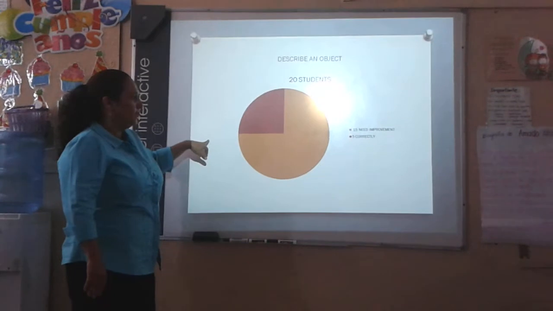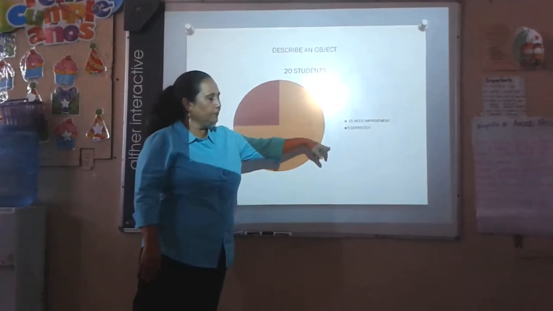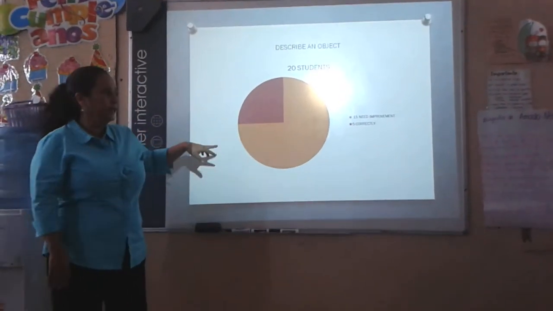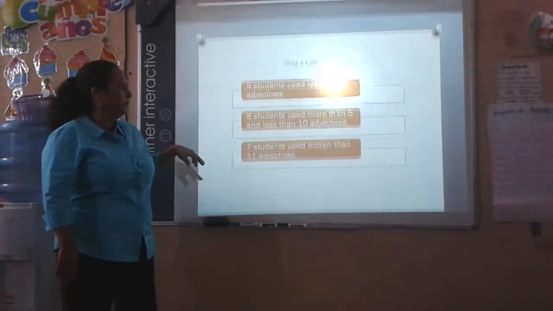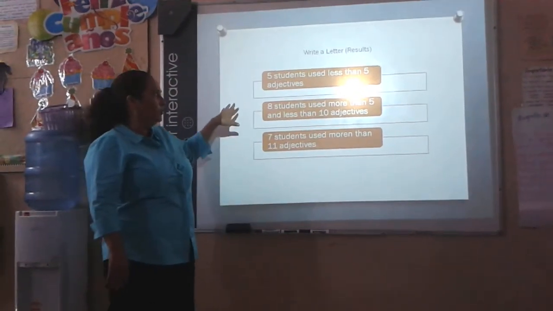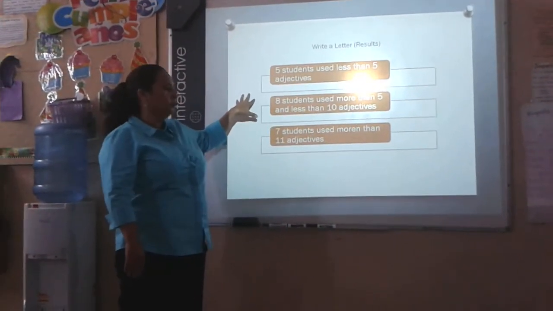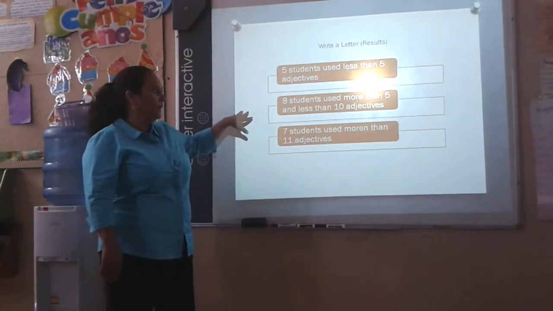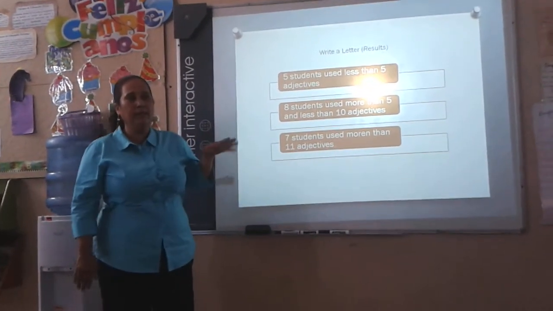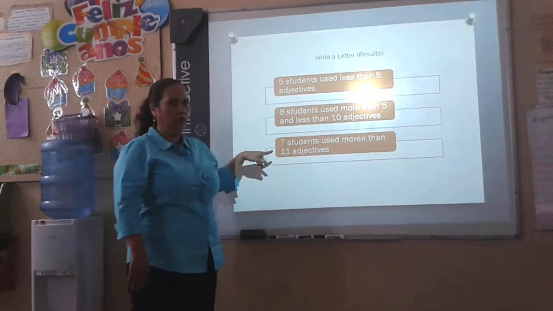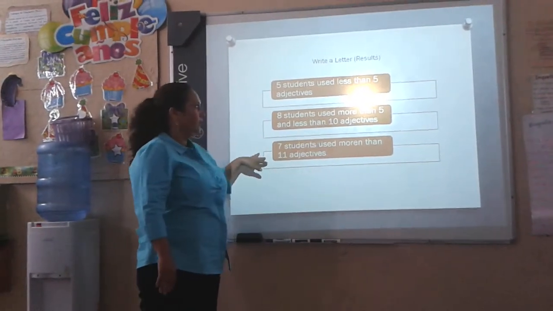In describing objects, 15 students need improvement and 5 made an excellent work. They did it correctly. And about the letters using adjectives, 5 students used only 5 adjectives, 8 used between 5 and 10 adjectives, and 7 students used 11 adjectives.